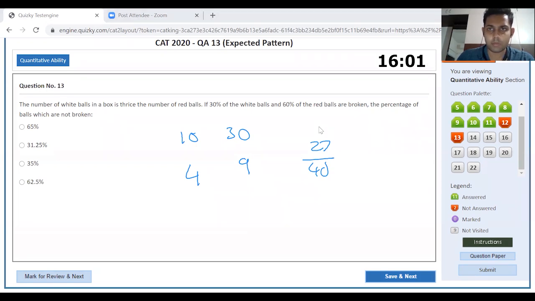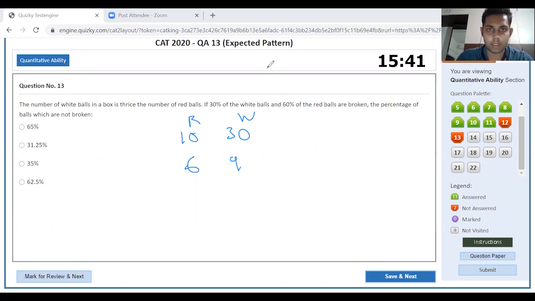15 minutes left. I need to use my hands very fast. Okay, wait. This is red, this is white. 6 are broken. 9, 10, 11, 12, 13, 14.